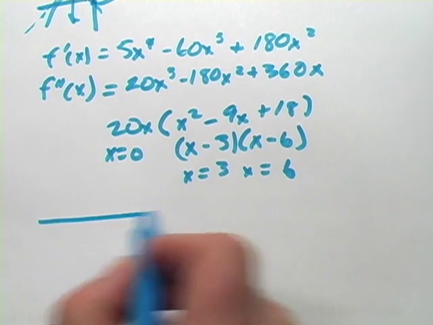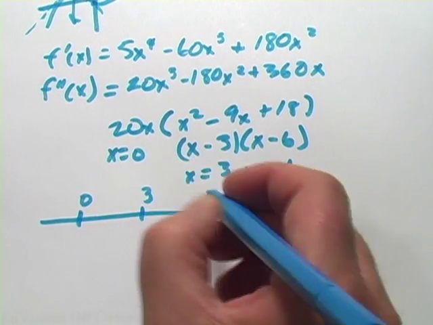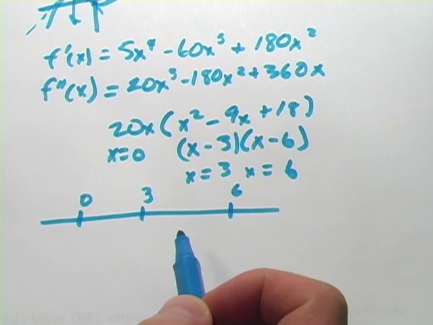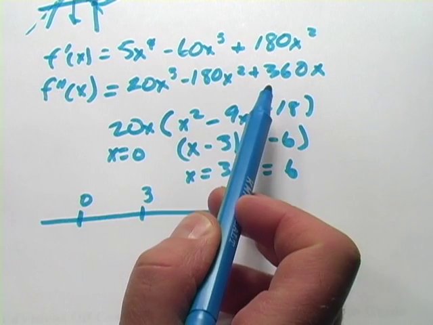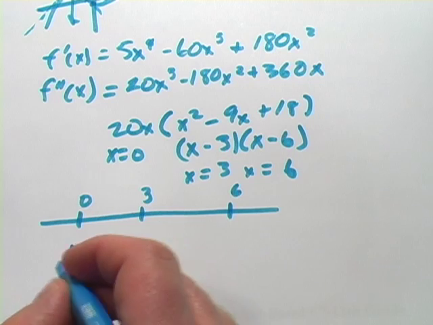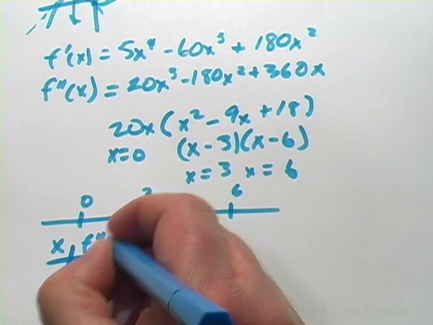And we can put these on a number line and then find the regions to test. And remember, we'll be testing by plugging into the second derivative, so this guy right here. I'll make a little chart here so we can keep track. So this is x and this is f double prime of x.